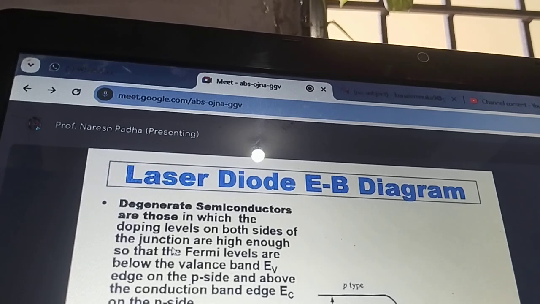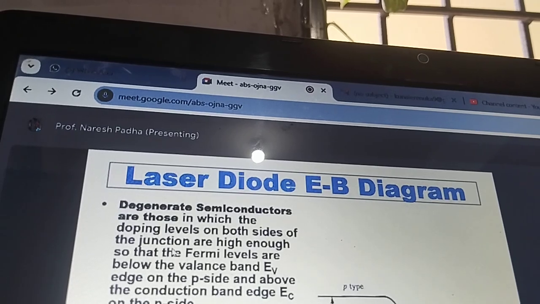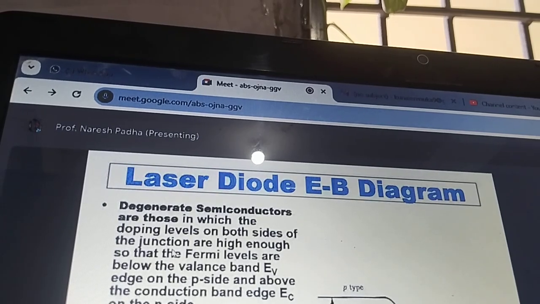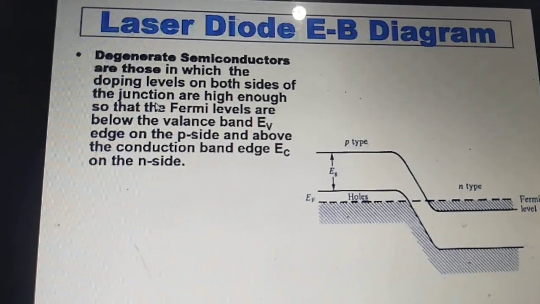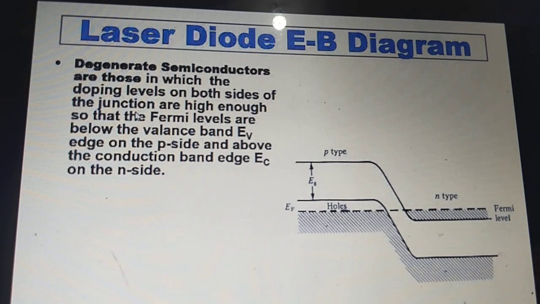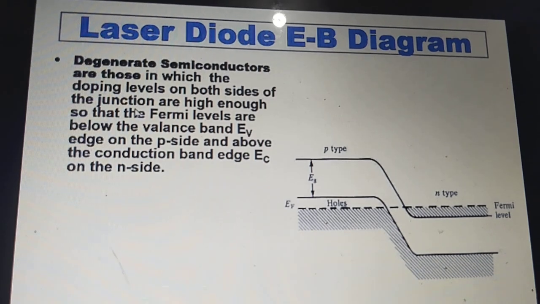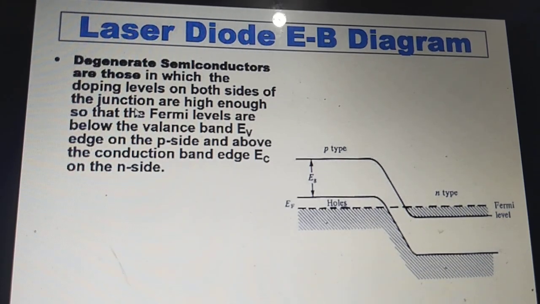I stated one situation where the number of dopants in the N-type material are more than the density of states in the conduction band, and the number of holes in P-type are more than the density of states in the valence band.